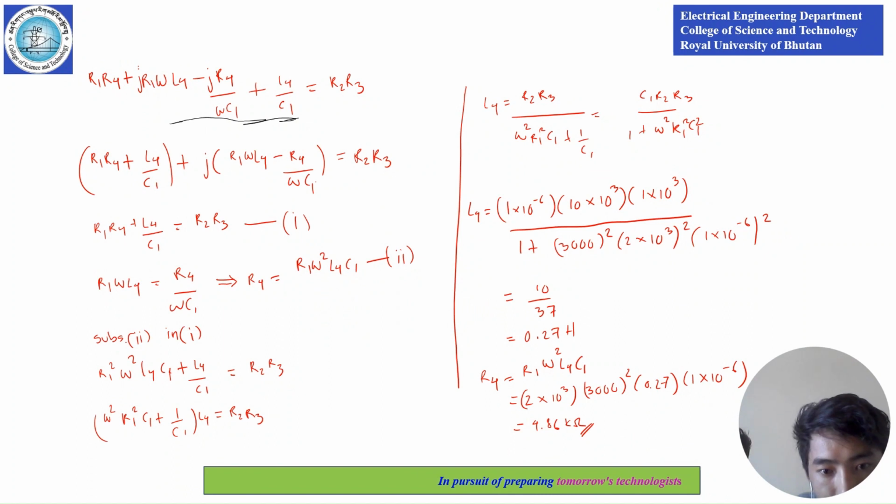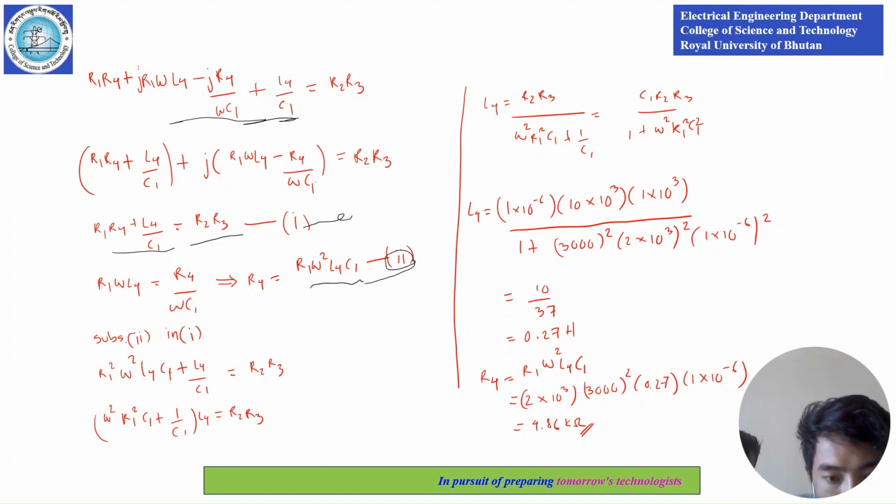Upon equating the real terms, we get R1 R4 plus L4 divided by C1 equals R2 R3. We keep this as equation 1. Upon equating the imaginary part, we get R1 omega L4 equals R4 divided by omega C1, which implies R4 equals R1 omega square L4 C1. We keep this as equation number 2.